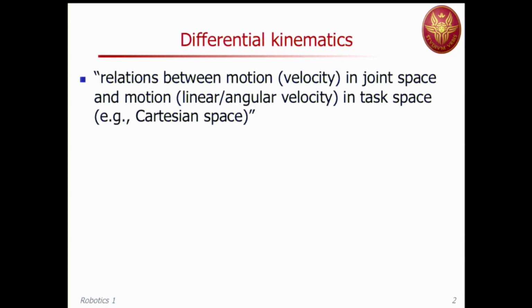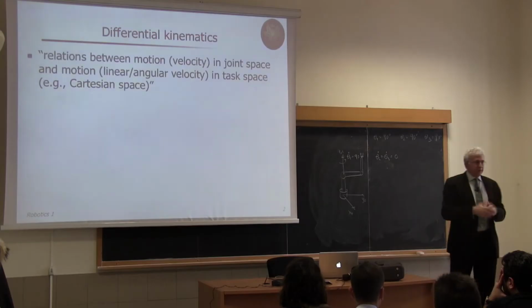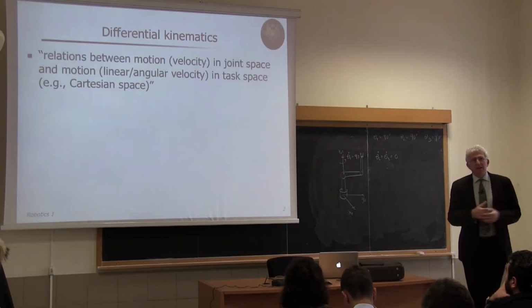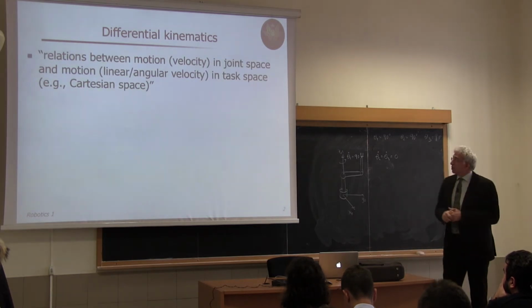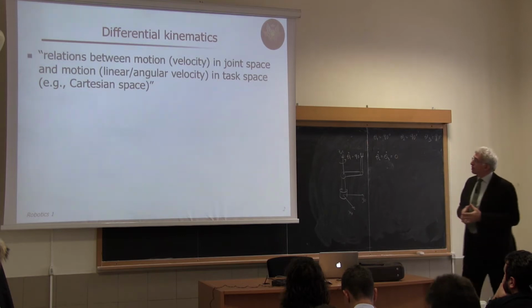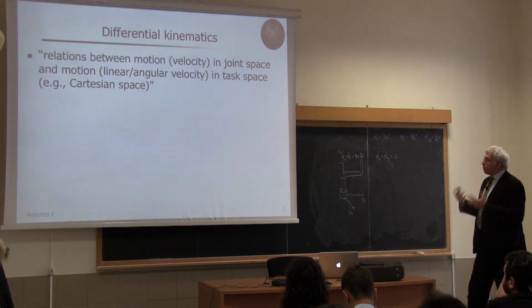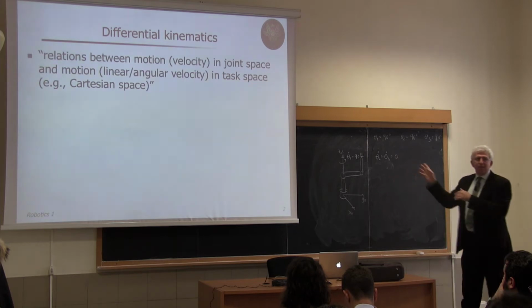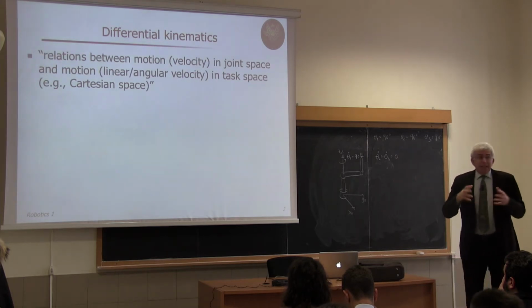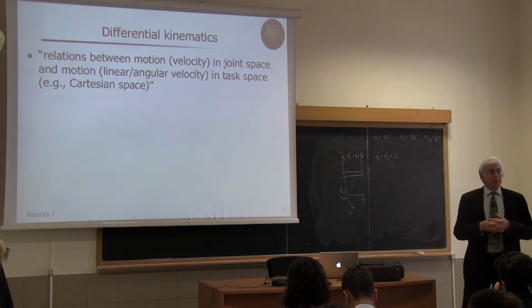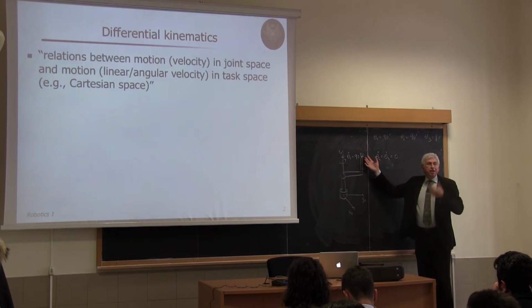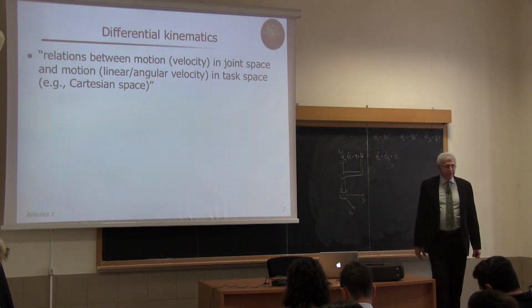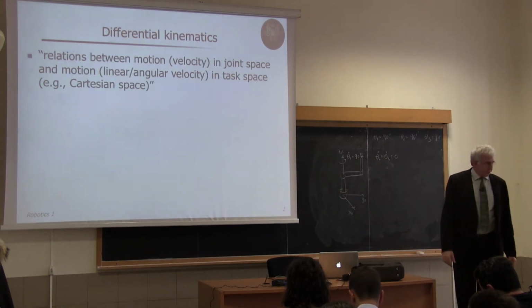We will start with velocity, but we will see that if you want to map acceleration, the idea is very similar, and so with higher order differential quantities. So it is the relation between motion in the joint space and motion, linear and angular velocity, in the task space, or in the Cartesian space, or more in general of some frame, typically linked to the end effector.